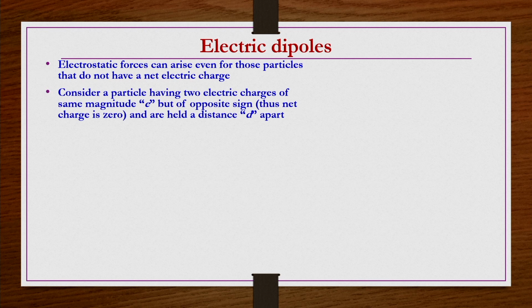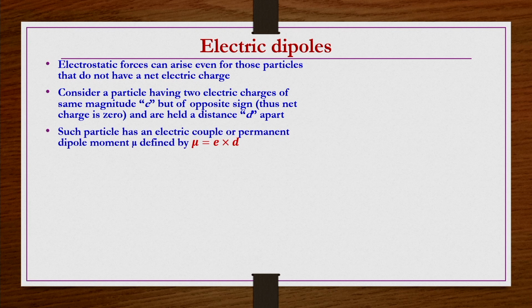Consider a particle having two electric charges of the same magnitude e but opposite sign, one plus and the other minus, separated by a distance d. Then such a particle has an electric couple or permanent dipole moment mu, defined as e multiplied by d. Dipole moment mu is given by e × d.